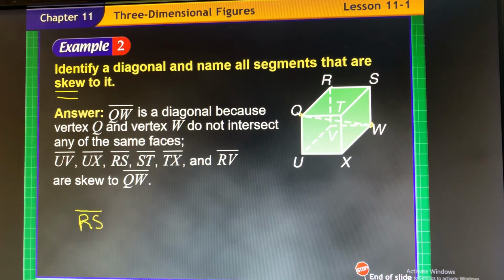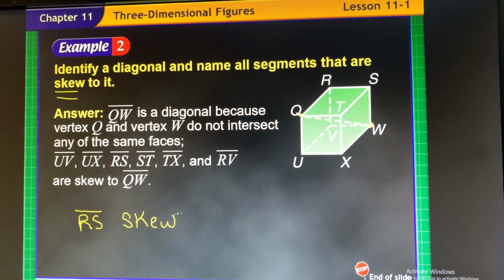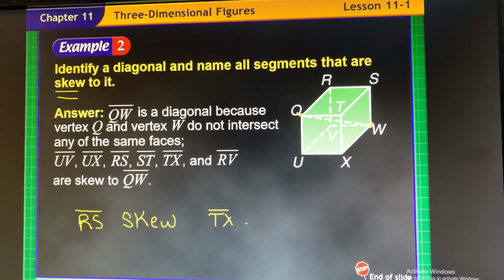So if I said who is skew to RS, I could say TX is skew because it's not intersecting or parallel. I could say QU is skew because it's not intersecting or parallel. I could say UV is skew, and I can say XW is skew.